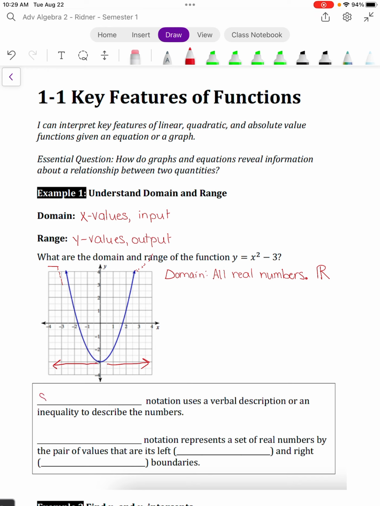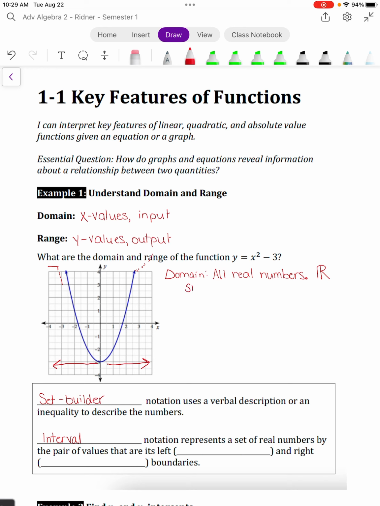We can use set builder notation to write a verbal description, or we could use interval notation where we use numbers and the infinity sign to say that same thing. So in this case, our domain is everything.